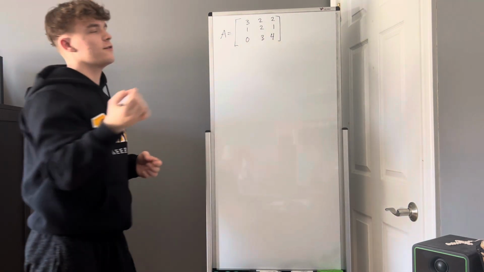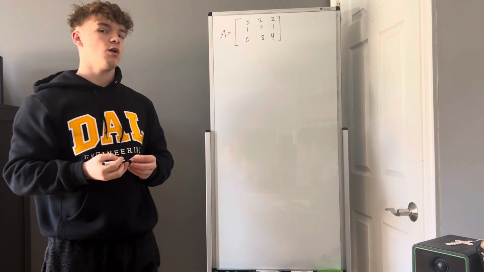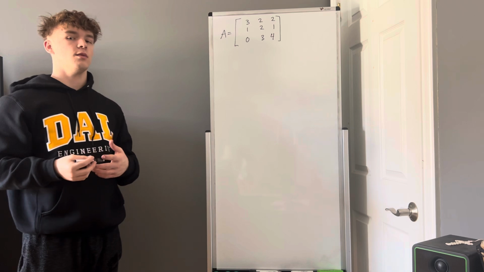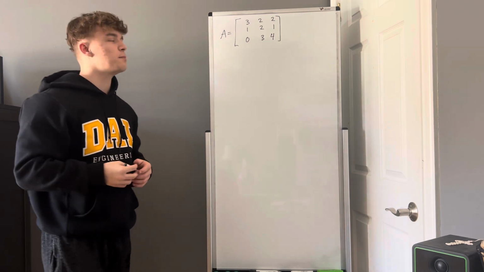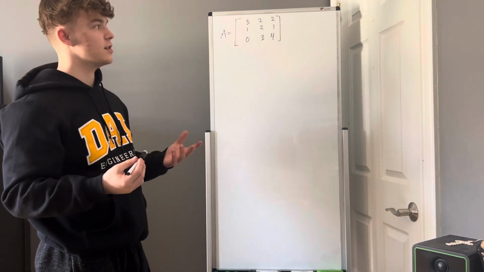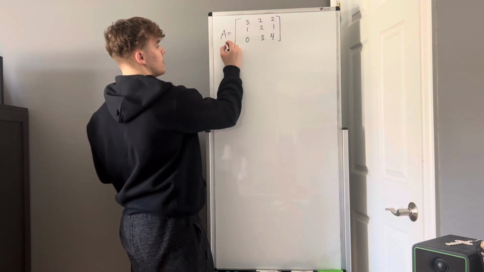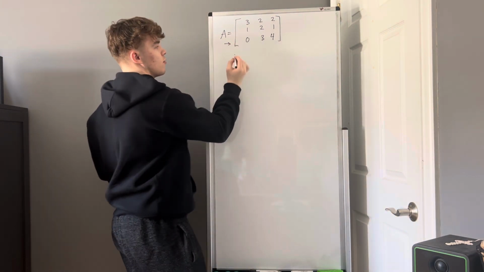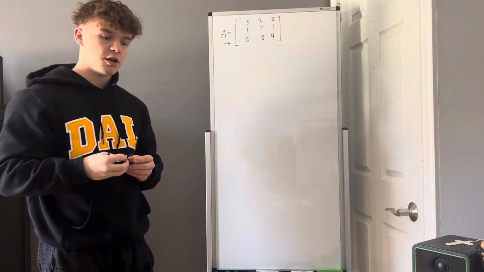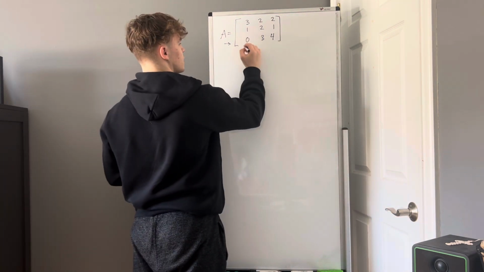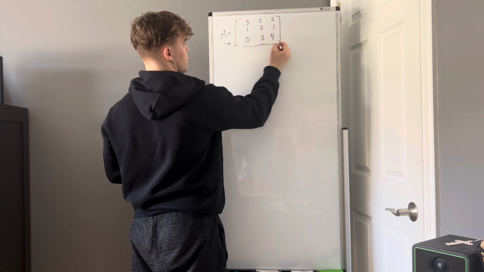We can find the determinant using any row or column, but you're going to want to pick the row or column with the most zeros in it because it will make it the easiest or shortest calculation. So I'm going to choose the third row. And we're basically going to analyze this third row here.